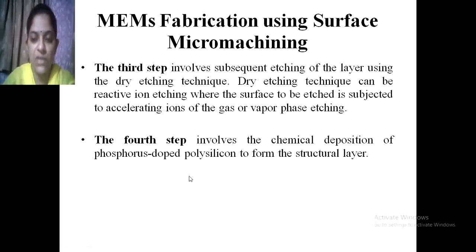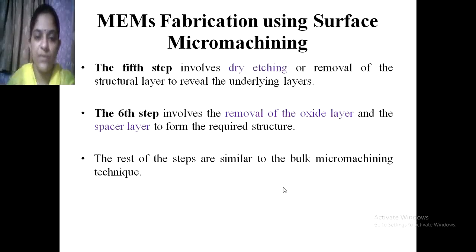In the fourth step, chemical deposition of phosphorus doped polysilicon is used to form the structural layer. In the fifth step, dry etching is used for removal of the structural layer to reveal the underlying layers.